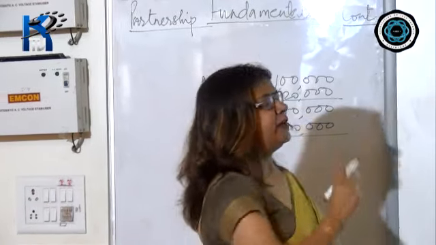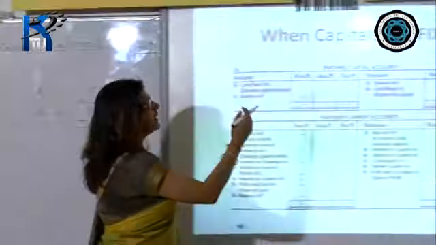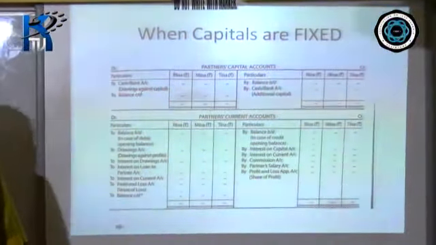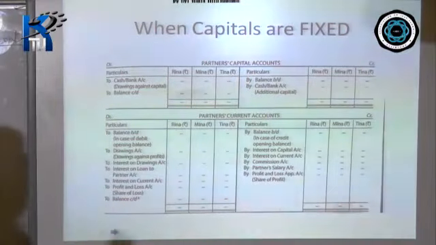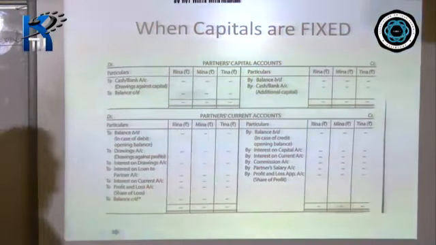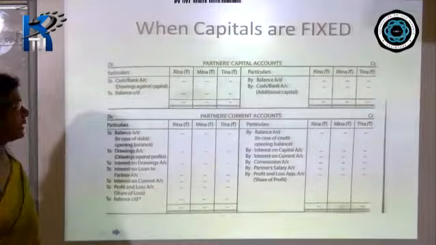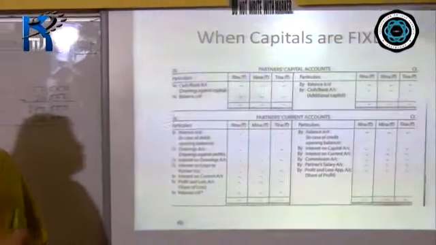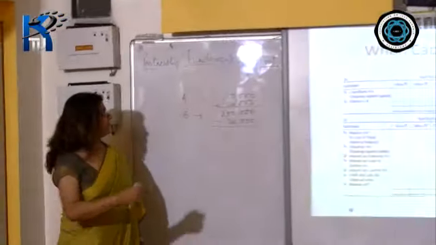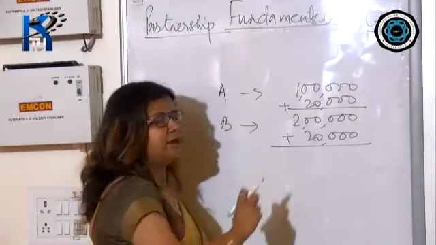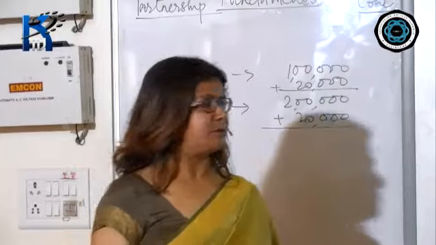It would go in the capital account as by cash, in brackets additional capital, that is written. You have to understand, by cash, A has contributed 20,000 and B has contributed 20,000 again. So the total capital of A now is 1,20,000 and the total capital of B is 2,20,000.